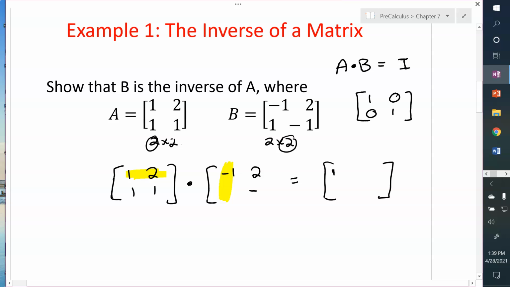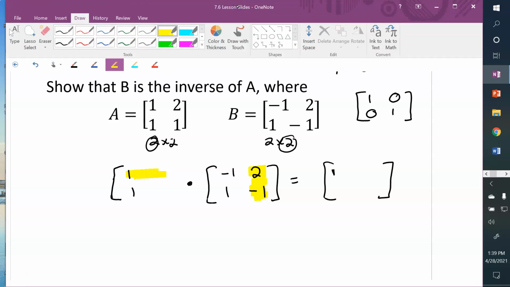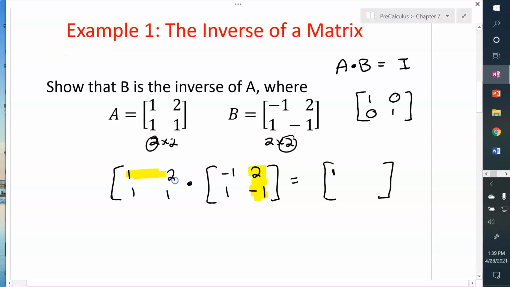Now I'm going to go to my second column. So multiply first row times second column. 1 times 2 is 2.